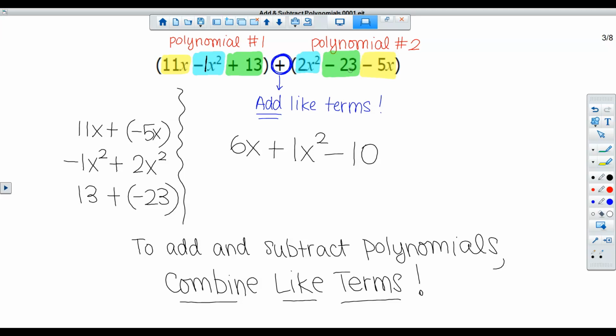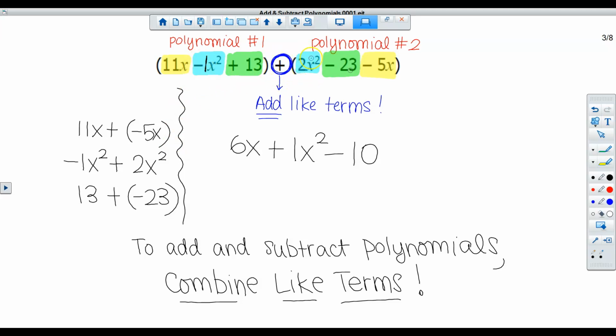So you have now successfully added these two polynomials together by adding their like terms. We did the 11x plus the negative 5x. 11 plus negative 5 is 6, and we put an x beside that. Then we did negative 1x squared plus 2x squared.